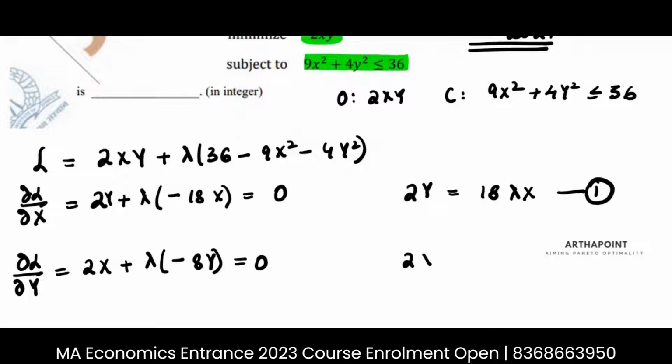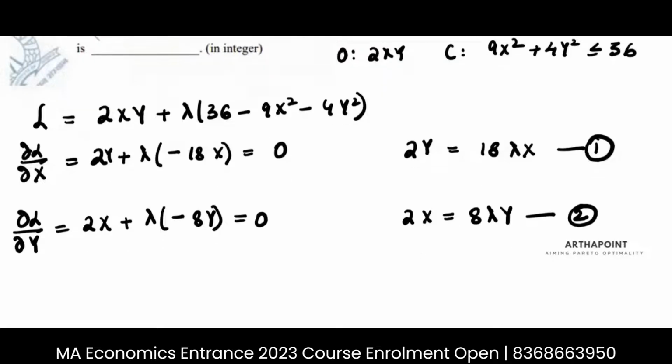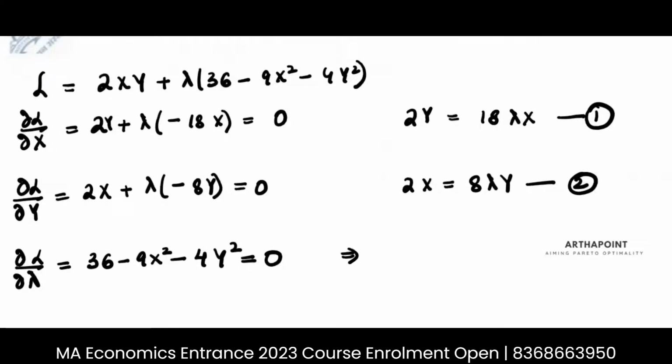So you will get 2x is equal to 8 lambda y. This is equation 2. Del L by del lambda would be 36 minus 9x squared minus 4y squared equal to 0. So from here you get back your original constraint: 36 is equal to 9x squared plus 4y squared.